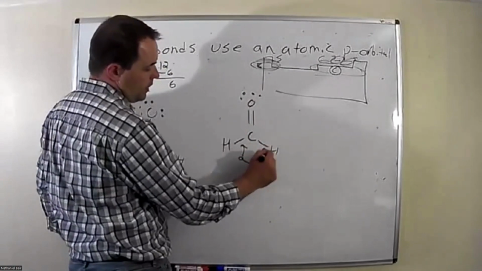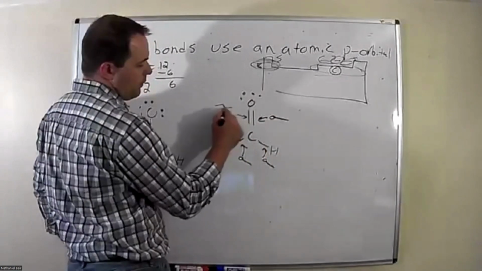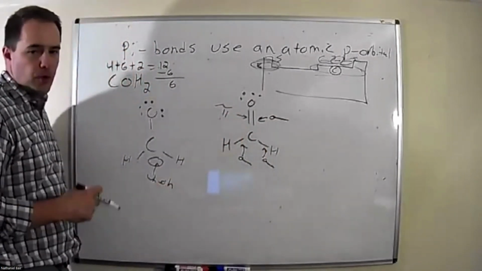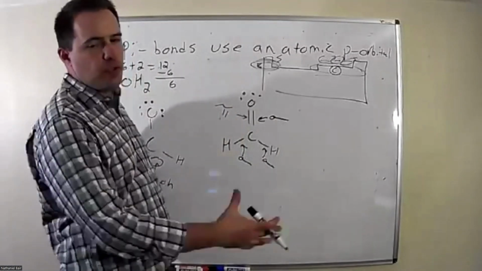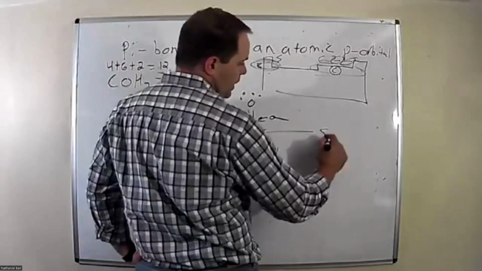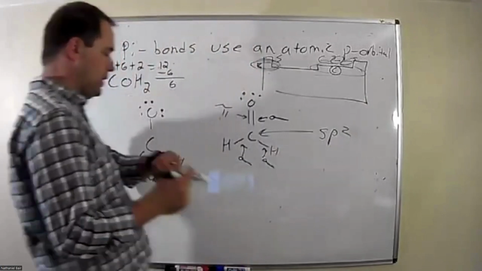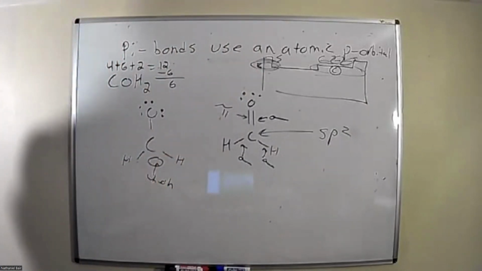That's a sigma, that's a sigma, one of those is sigma, but one of them is going to be pi. For every pi bond that you are making, you take away an atomic p. So instead of being sp3, take away one of those p's, it's sp2 hybridized.